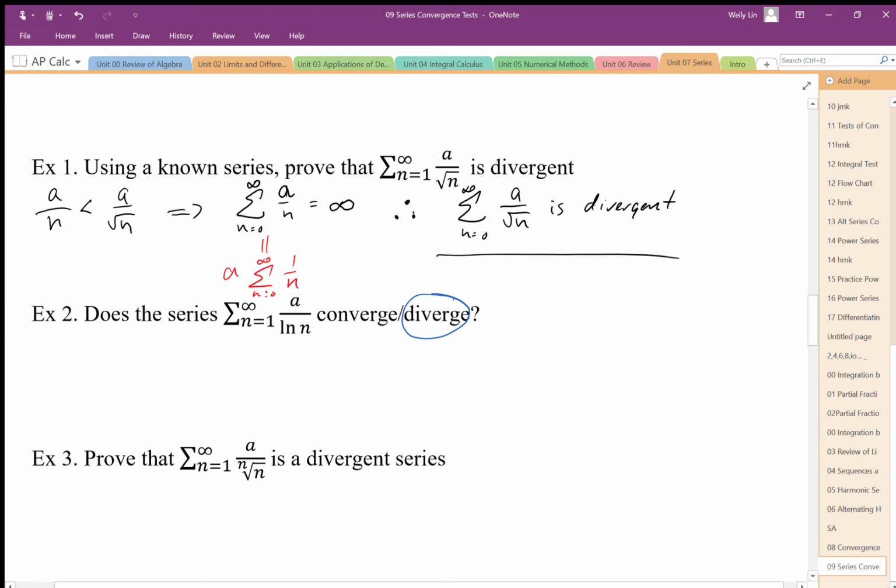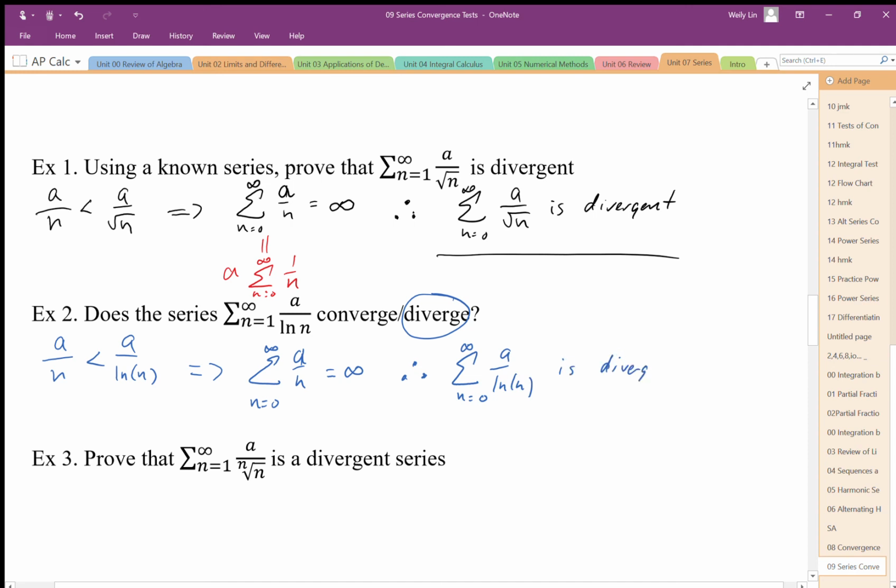So what we can say is this. We can again make this argument: a over n is going to be less than a over log n. Therefore, since the sum of a over n diverges, we know it's infinite, we can conclude that this series, which is going to be bigger, is also divergent.